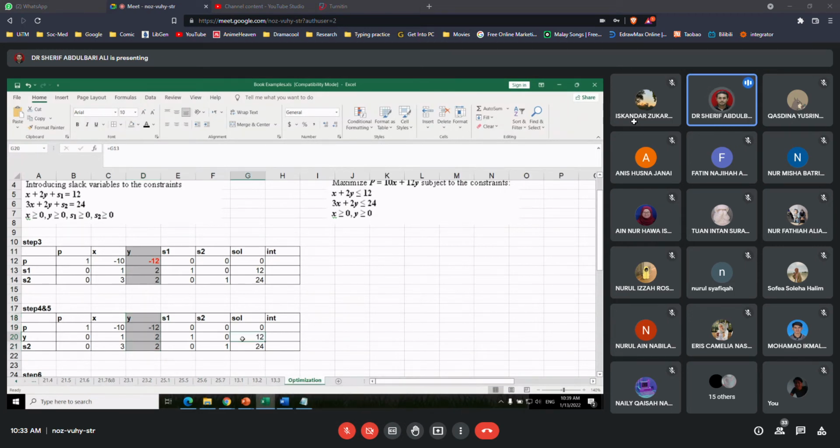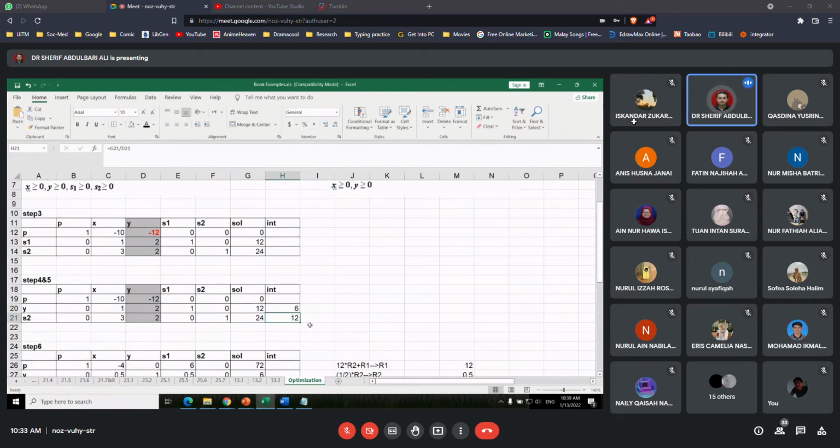So 12 over 2, 6. 24 over 2, get the answer of 12. So now this is the time to select the pivot row. So this is my pivot row. So don't forget that y will replace s1. So now it's here. Y.